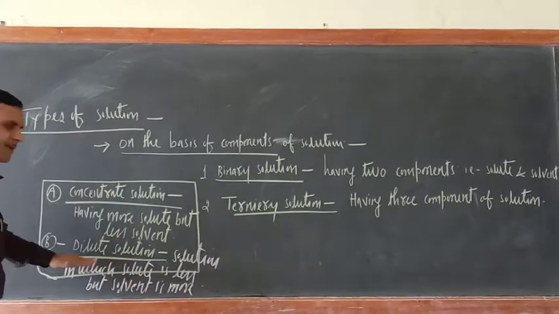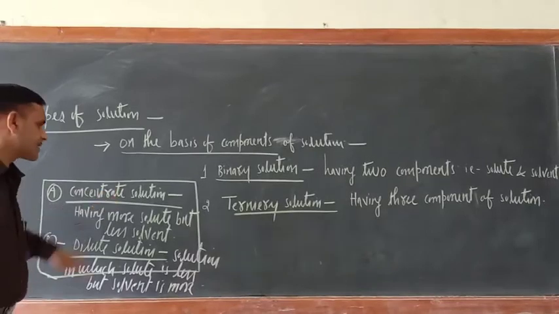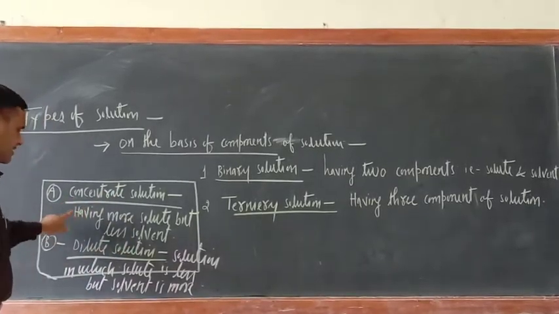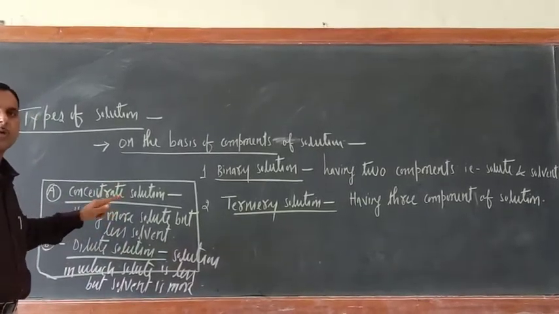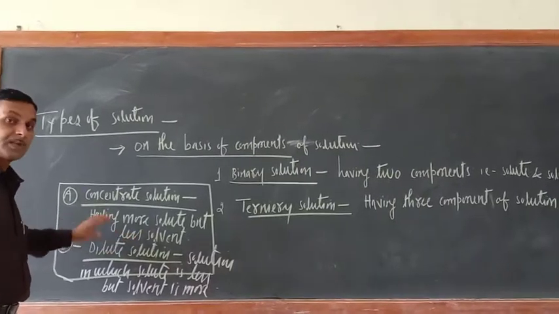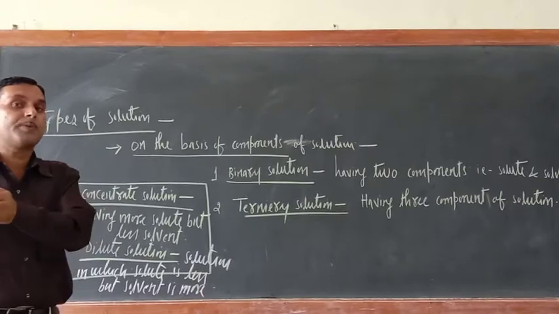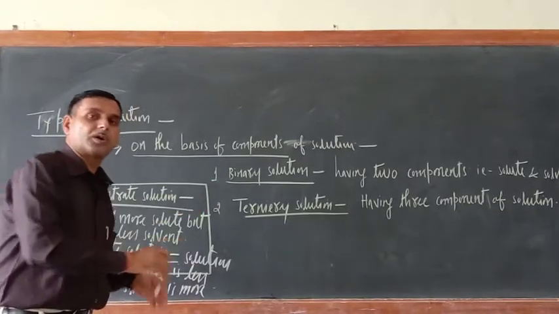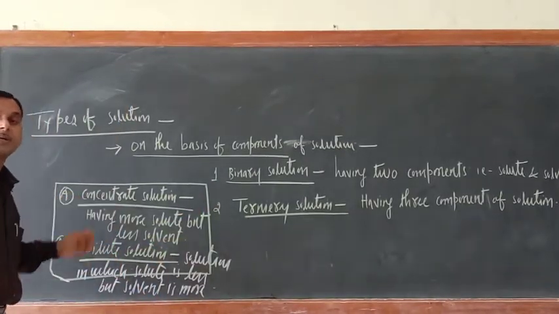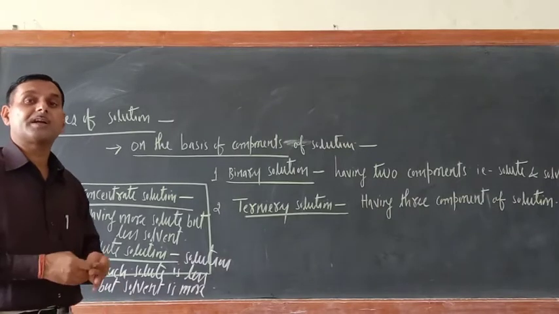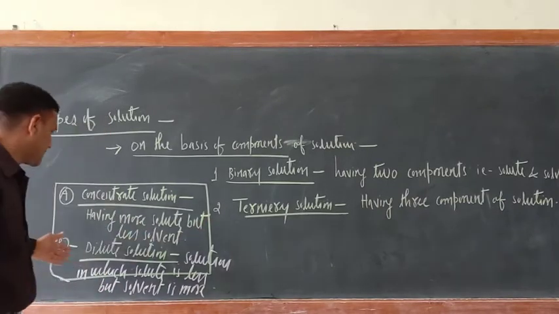So clearly, concentrate solution means solution in which solute is more than that of solvent. It is a comparative study. As compared to solvent, if solute is more, that is concentrate. If as compared to solvent, solute is less, that is dilute.